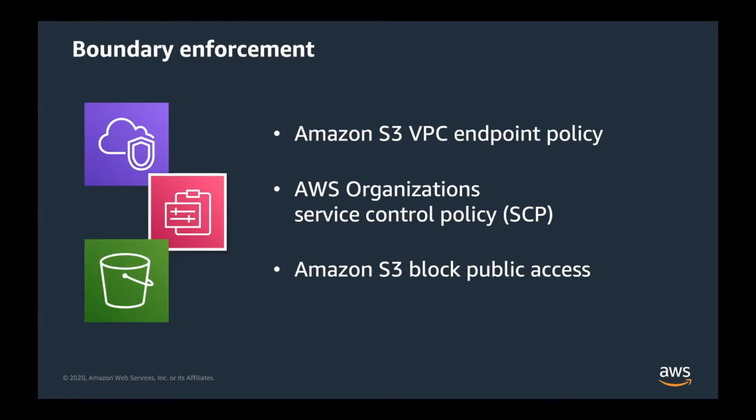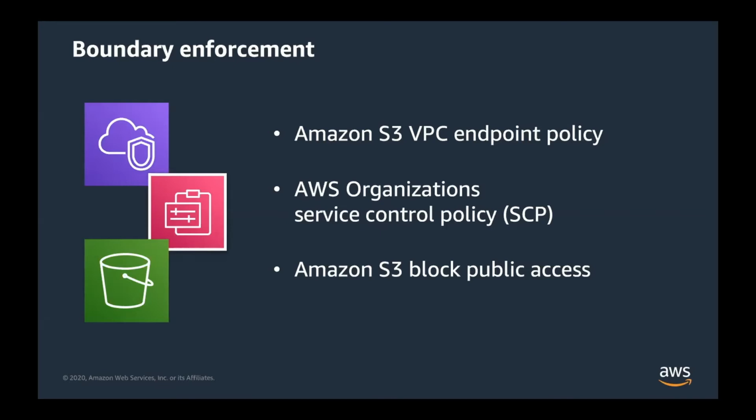You can structure this to also enable boundaries at the organization level by enabling SCPs. A good example would be an SCP you can apply across all accounts stating that no buckets within an organization should be made public. And finally, S3 Block Public Access, which is turned on by default, sets all of these objects and S3 buckets to private by default.